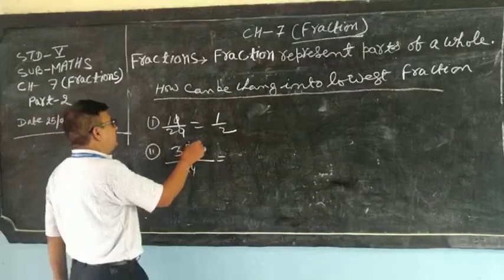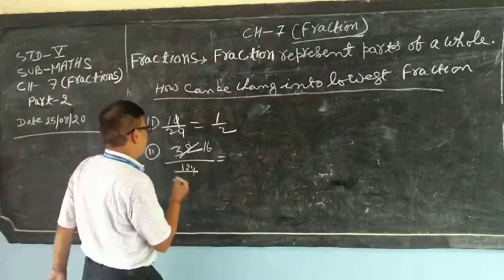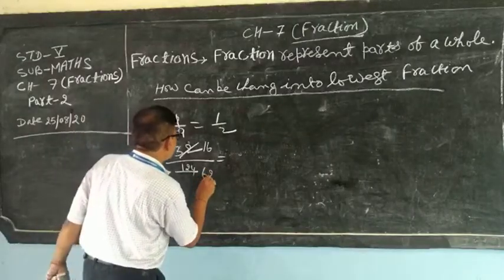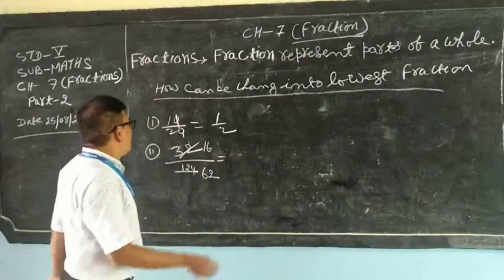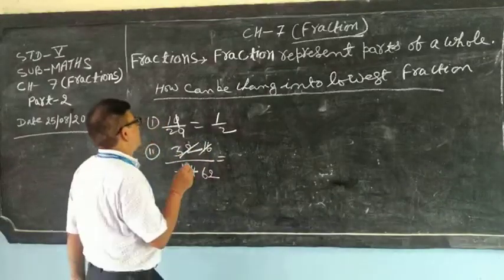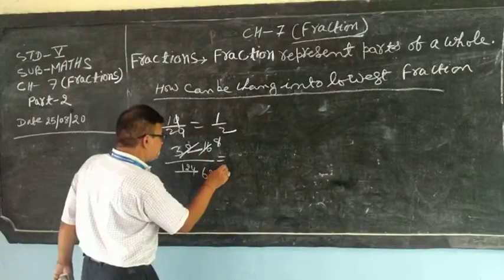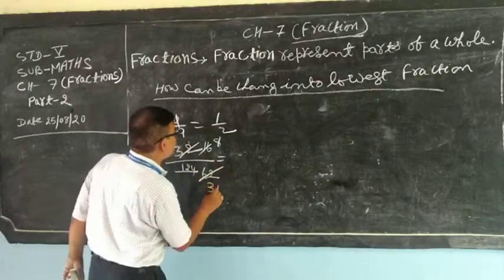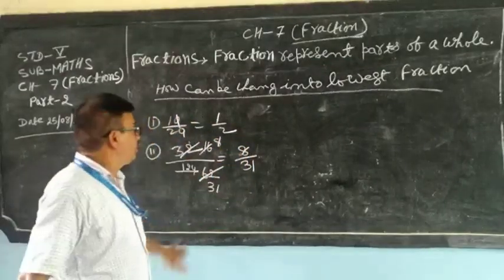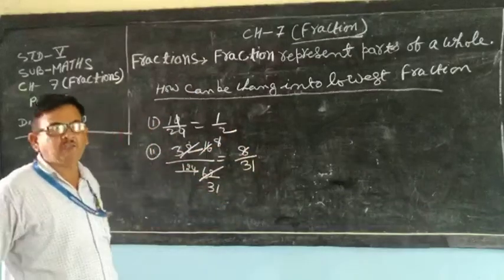So when 32 is divided by 2, it becomes 16, and 124 divided by 2 gives 62. Again divide by 2: 16 divided by 2 is 8, and 62 divided by 2 is 31. 8 by 31. Is there any number you can divide by? No. So it is called the lowest fraction. You can simplify this way.